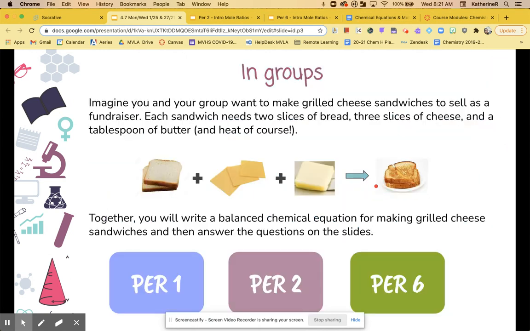So during class, we're going to do a little group activity, just thinking about making grilled cheeses. If you want to take a look at your period's slide deck, you're welcome to do that. It's a little intro activity, just thinking about putting together a recipe and having a product, and how do we determine how much we need of each ingredient to make a certain number of each product.